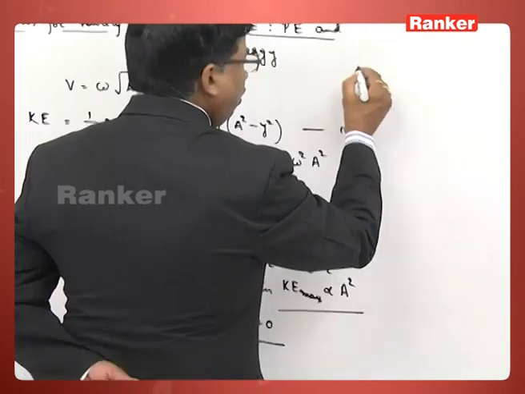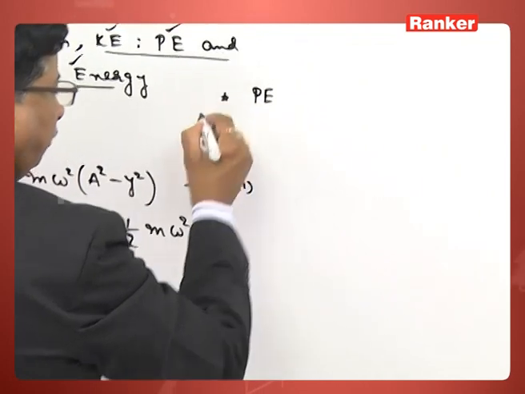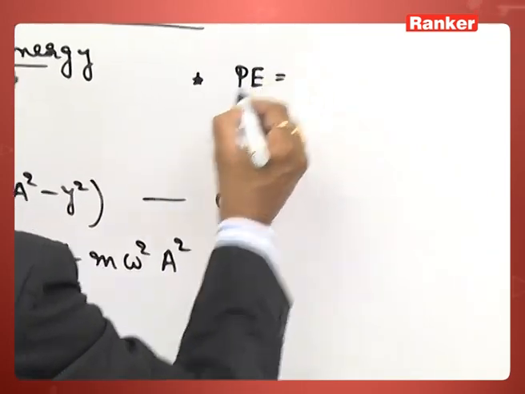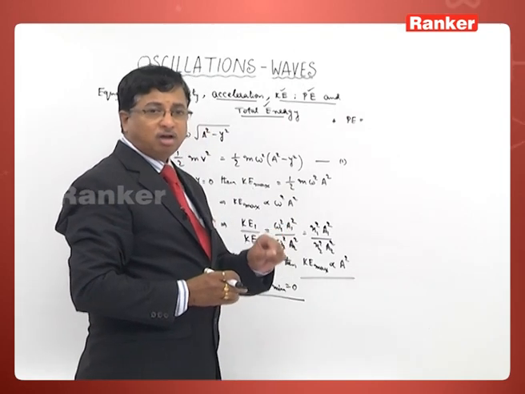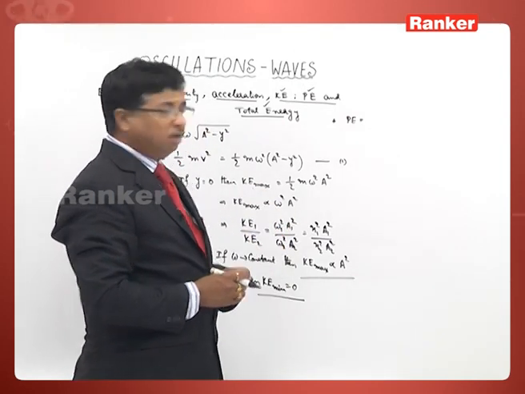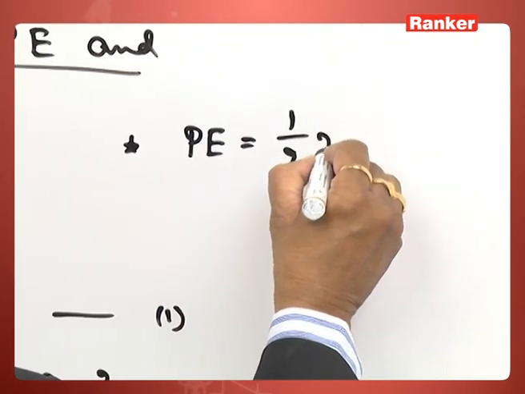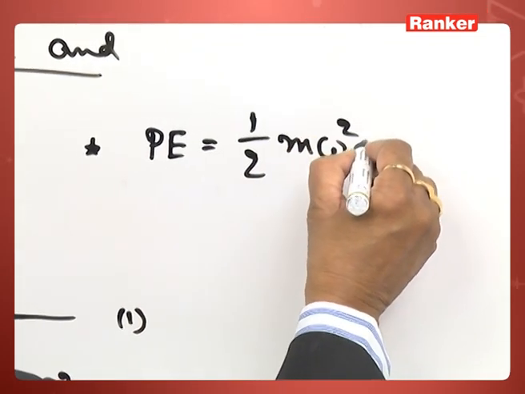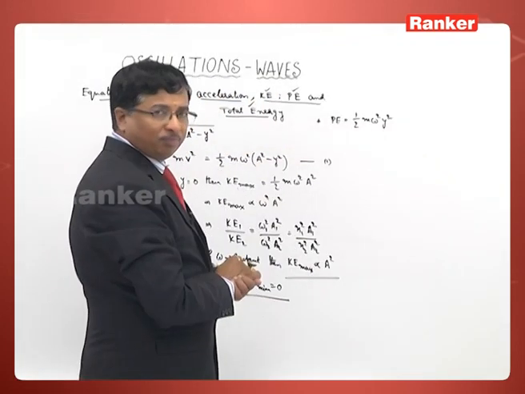What about the potential energy then? The very next concept we deal with is potential energy, which in fact depends on the displacement of the vibrating particle. So, when we consider potential energy, half m omega square y square, we write the equation like that.